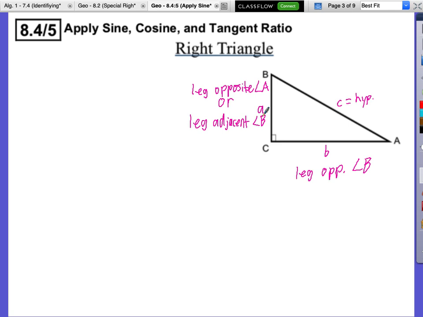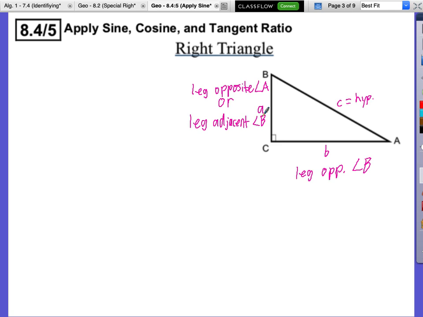If we say leg adjacent to angle C, that might be a little confusing. But how many legs are adjacent to angle B? Only one, because the other side that's adjacent to angle B is the hypotenuse. So the only leg adjacent to angle B is this one. So we can be careful in calling it that.